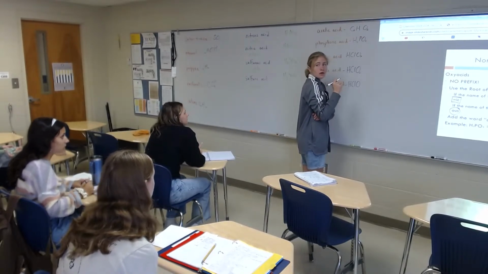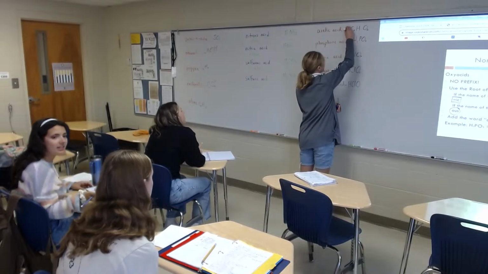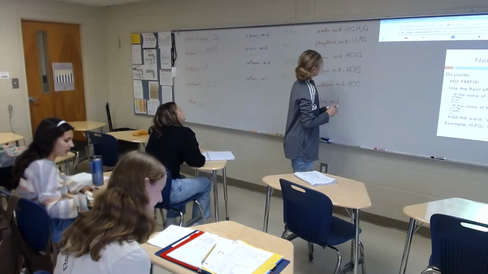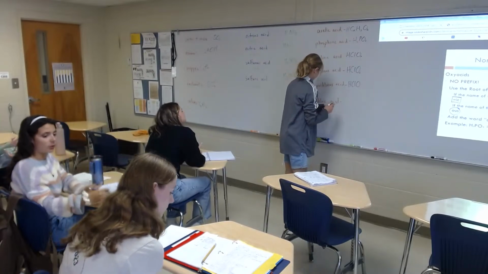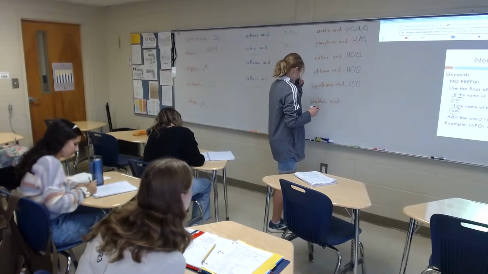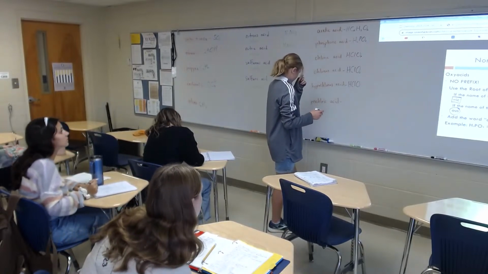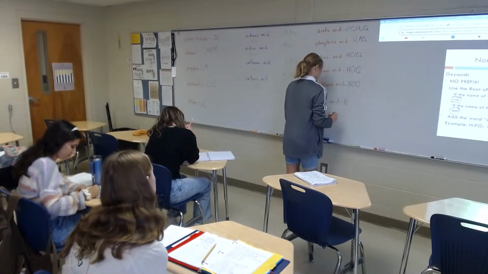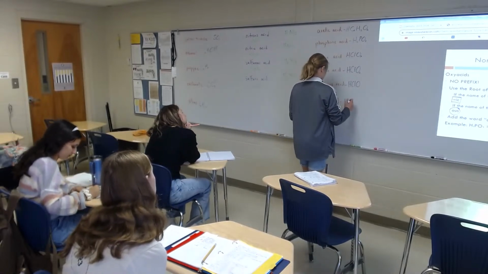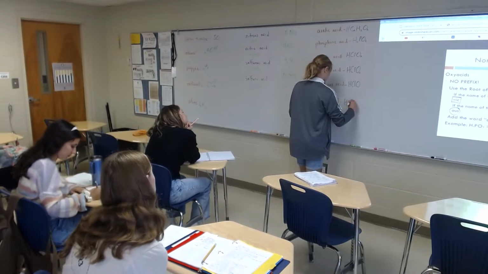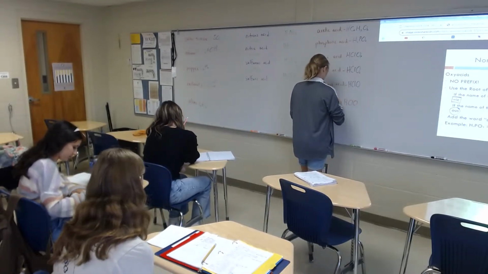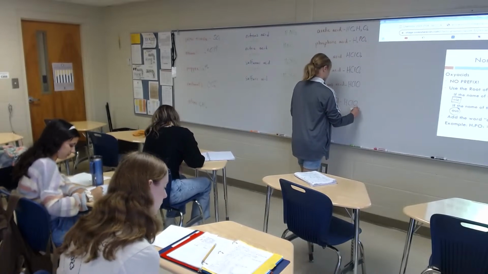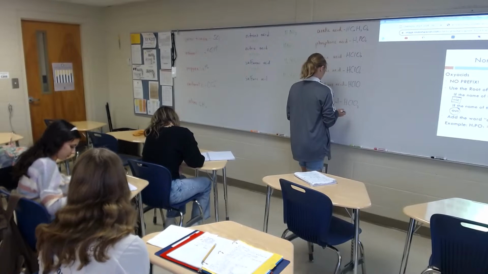Put the H in the front. That's a good question. So H and then C2H3O2. Putting the H in the front lets people know it's an acid. That H is separate for a reason that we'll learn about after spring break. It's bonded differently, and that's what we call the acidic proton.